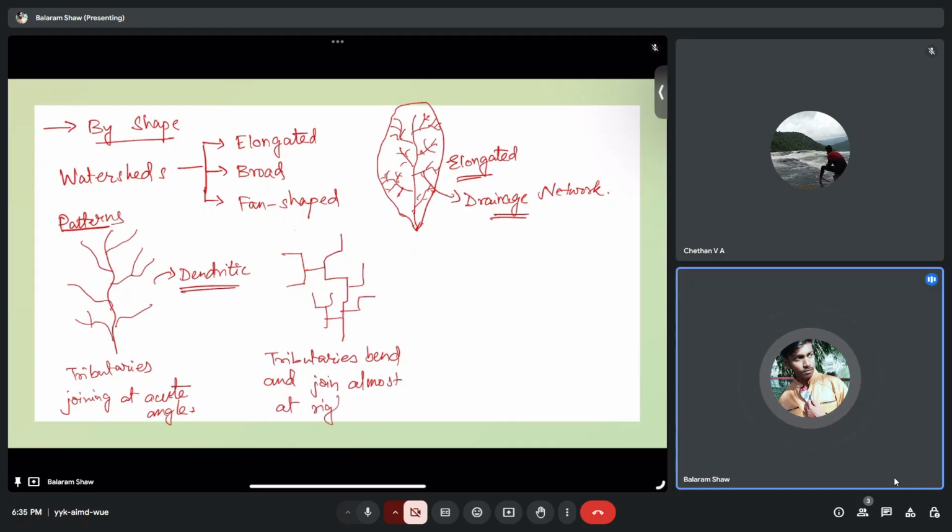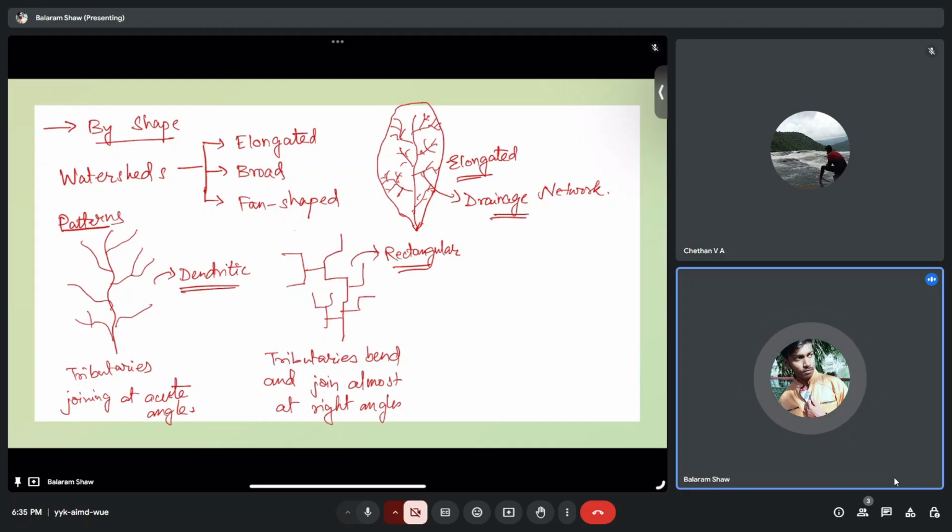Can you give an example of what kind of catchment this kind of drainage pattern is visible in? Anyone? No?